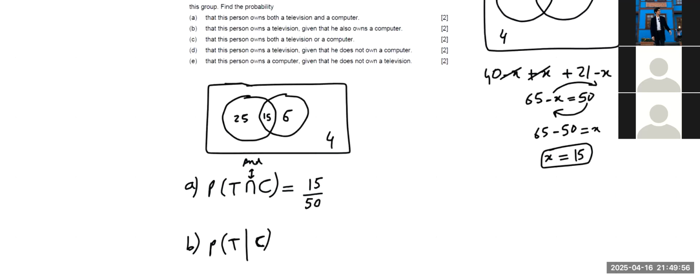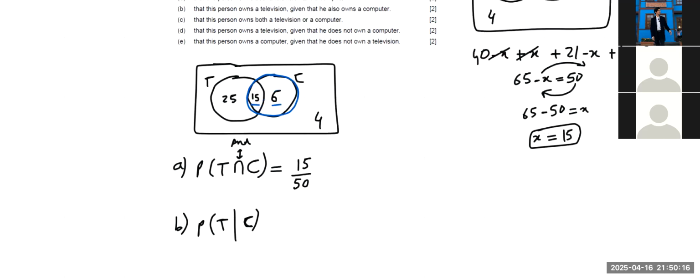I told this group of people, everybody go home and sleep. Only the people who own computers come forward. Who will come forward? 15 plus 6 people. Everybody who owns a computer is now the only persons that are in my box right now. Okay? So how many of those people own a television also?